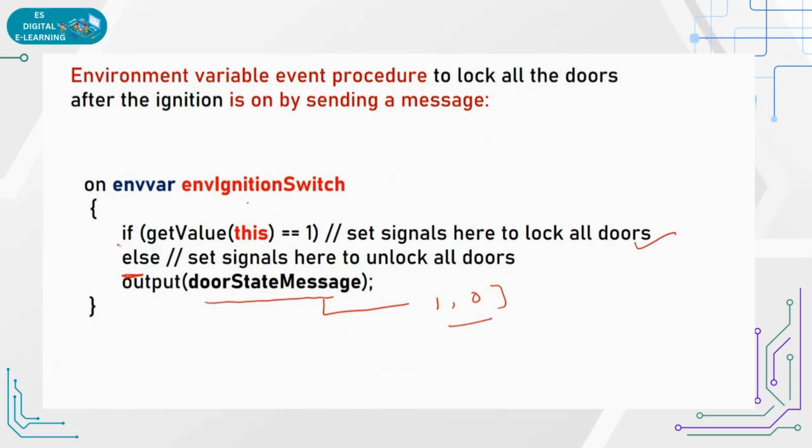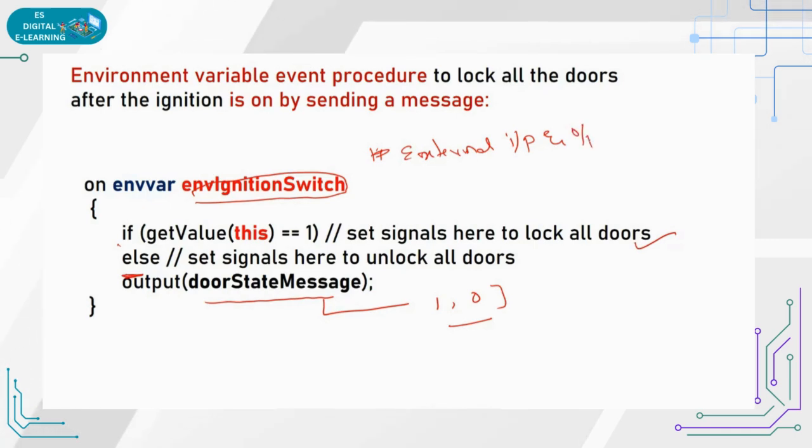You just need to ensure that whatever the environment variables, we specify them as part of the external input and output signals. Whenever you mention this, it refers to the environment switch, and get value reads the environment switch and compares it.